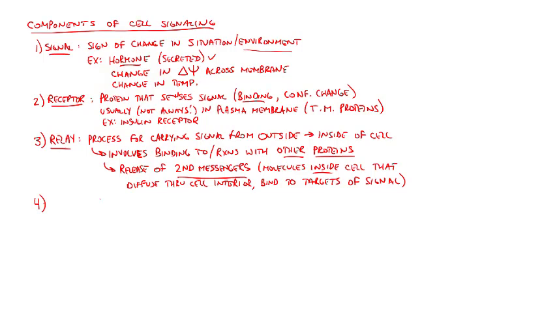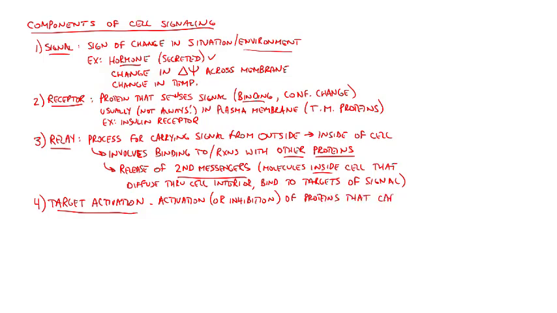The fourth thing that happens in every cell signaling process is essentially the whole point of signaling, and that is what we would call target activation. This is activation, or in some cases inhibition, of proteins that carry out whatever cellular function it is that needs to change.